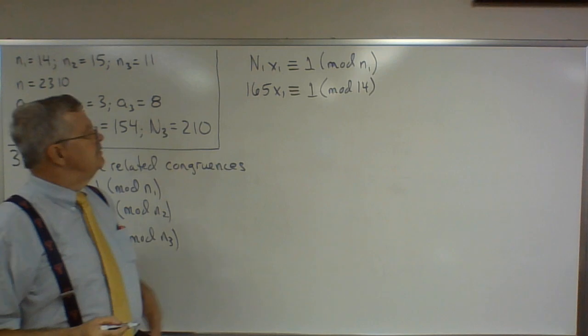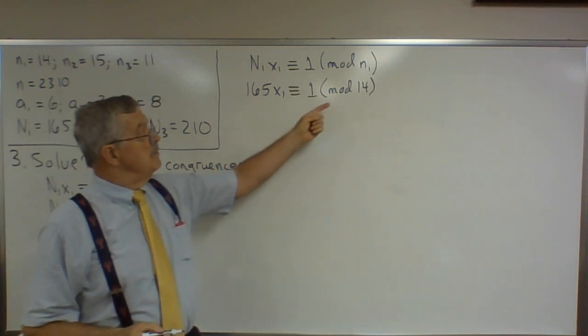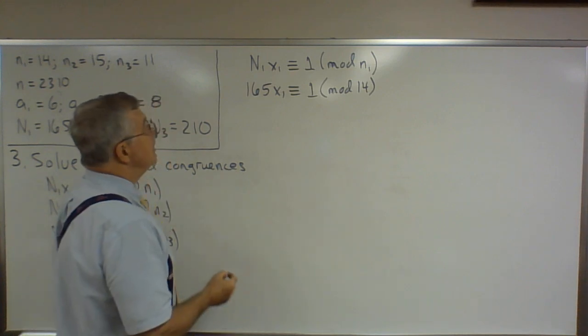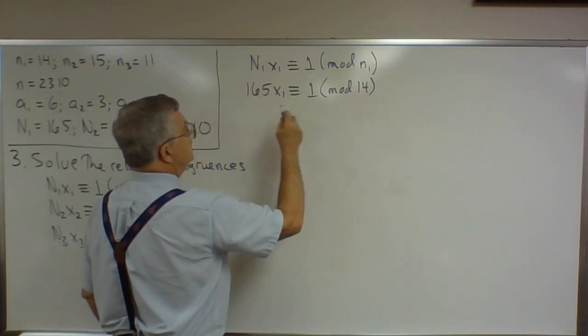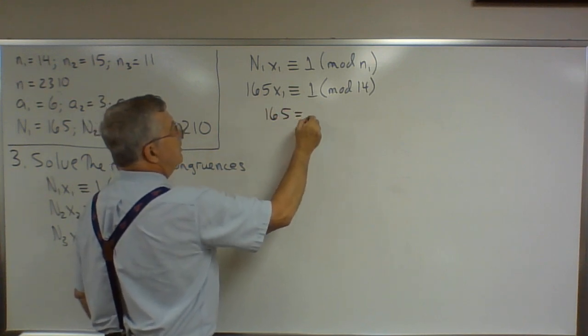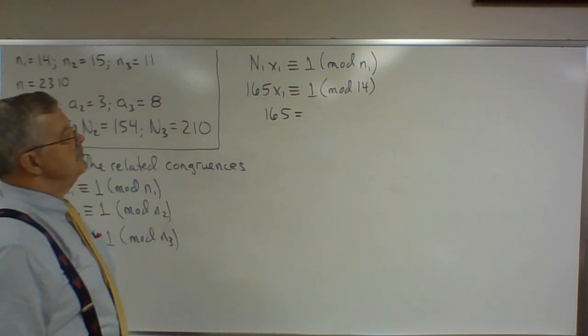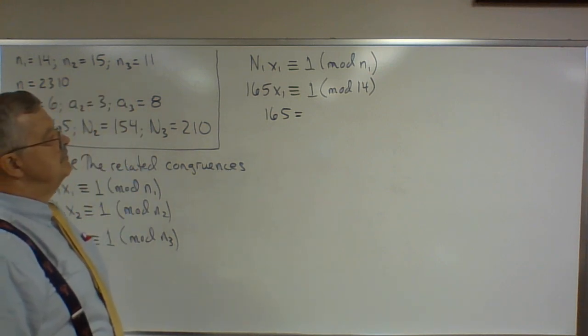I'm not going to be able to do this unless I cut this number down to size mod 14. So I'll just use the division algorithm with 14 as the divisor. Let's see, 10 times 14 is 140, 11 times 14 is 154.